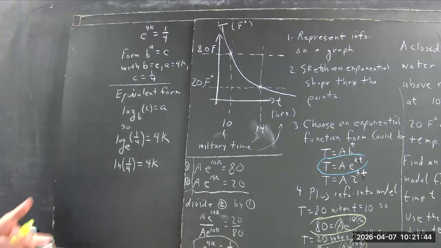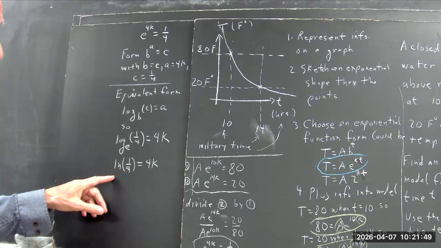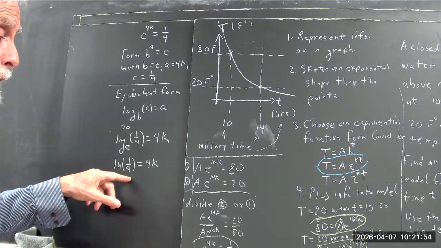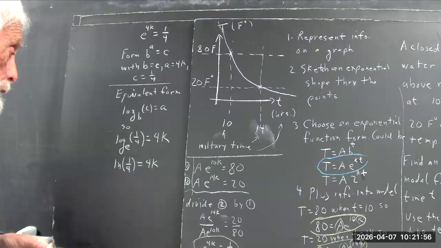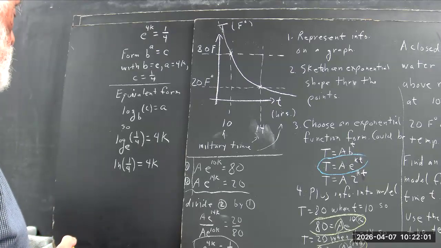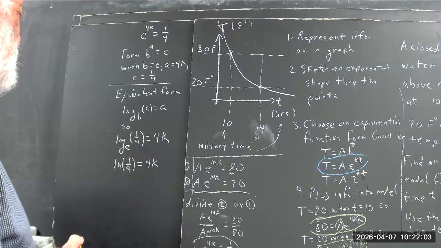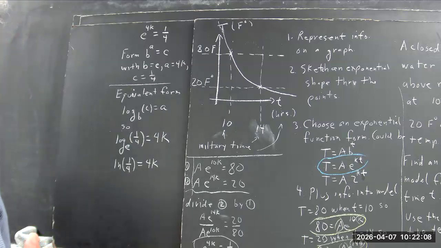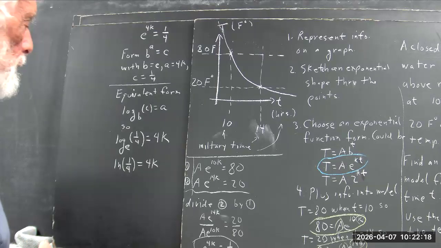Natural log of 1/4 is something you can do with your calculator. You have the natural log key, usually labeled ln, and then apply that to 1/4. Okay, wait a minute.